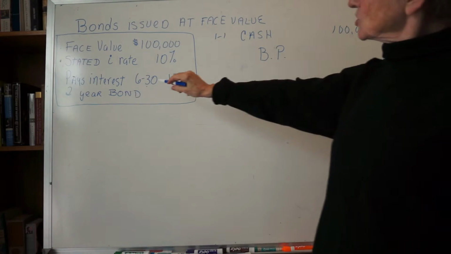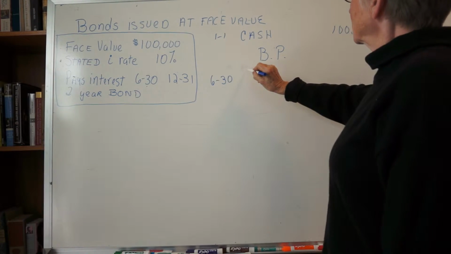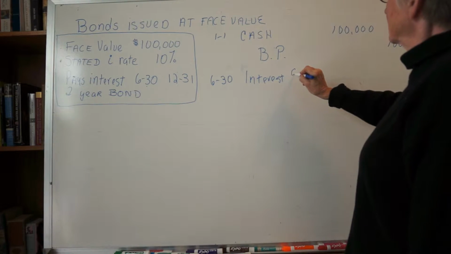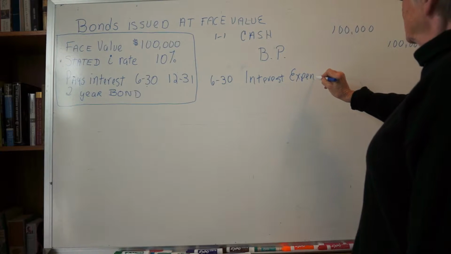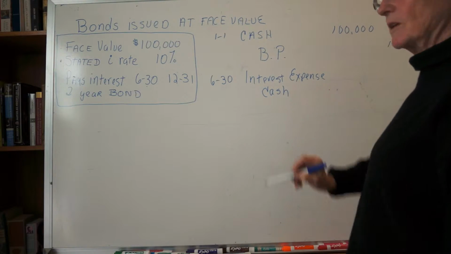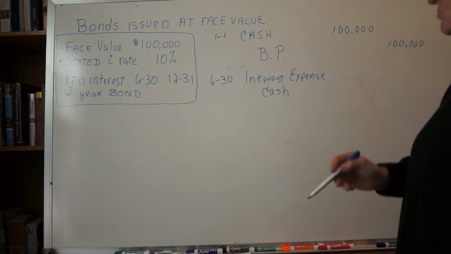Okay, at 6/30, what we would do is pay some interest. So at 6/30, we would have interest expense, and we would have checks go out to all of our happy bondholders. How much is that interest expense, we might ask?